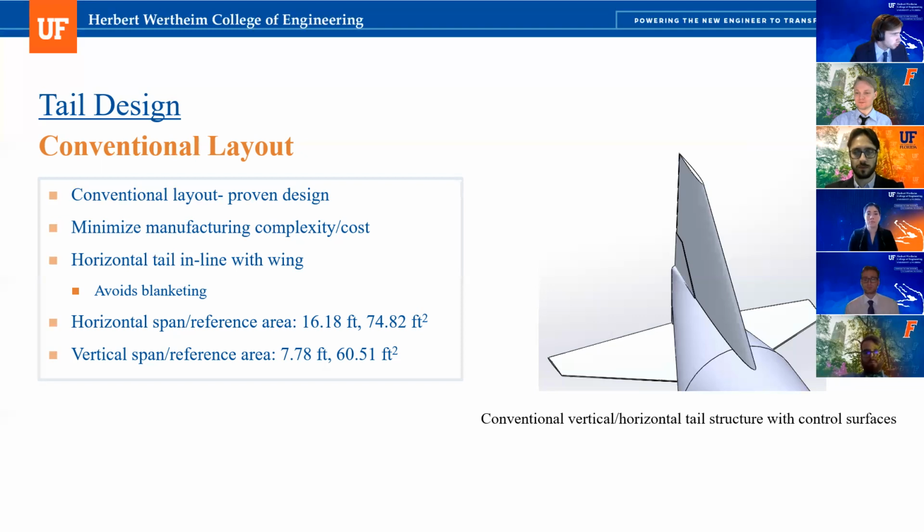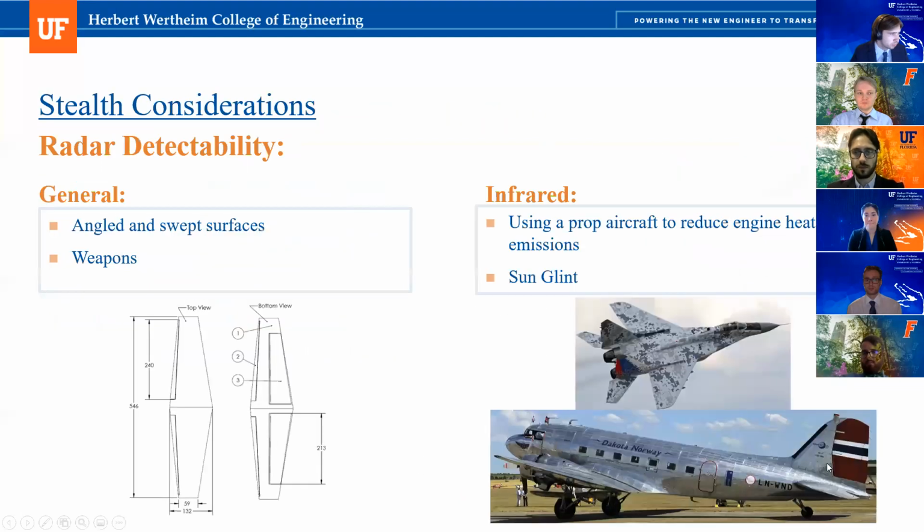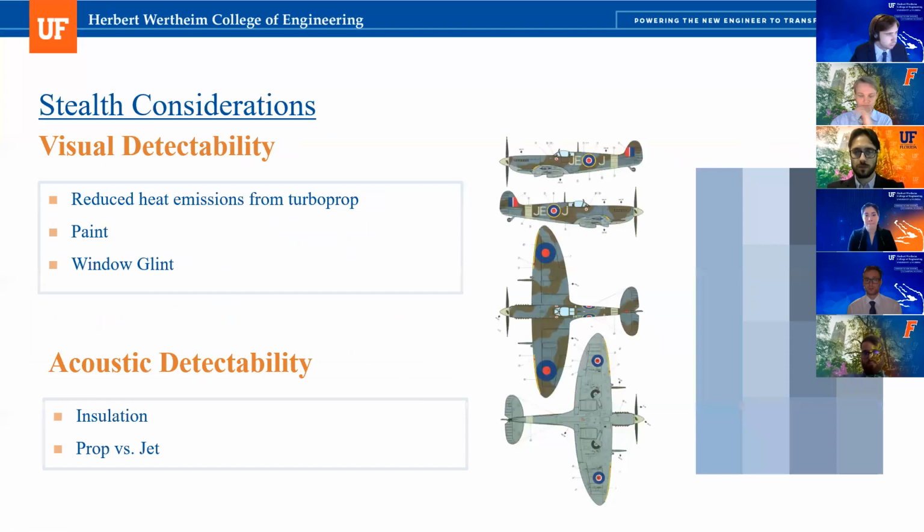And what else? So the stealth consideration, visual detectability, acoustic detectability, and for the graph to the very right, what is that about?